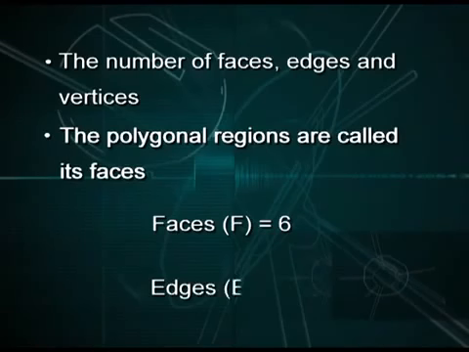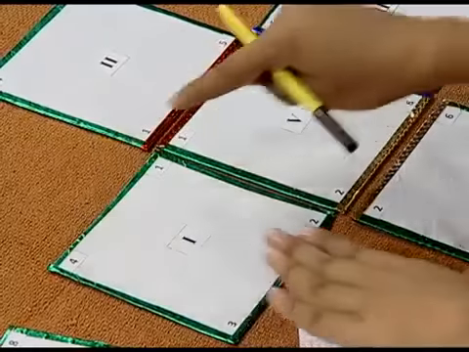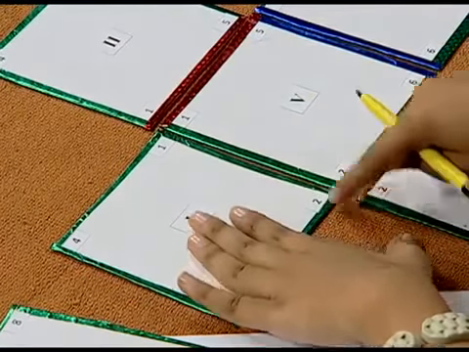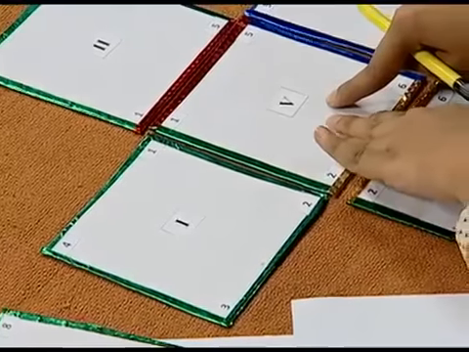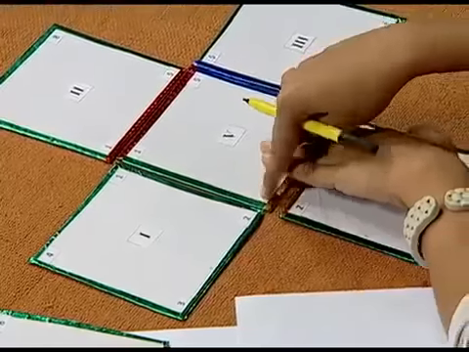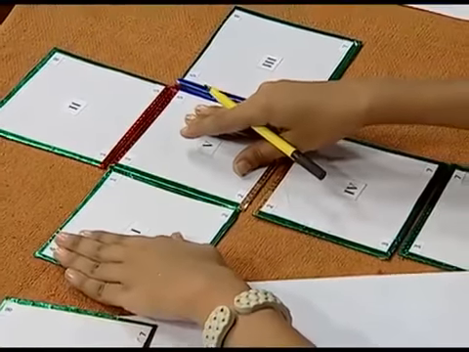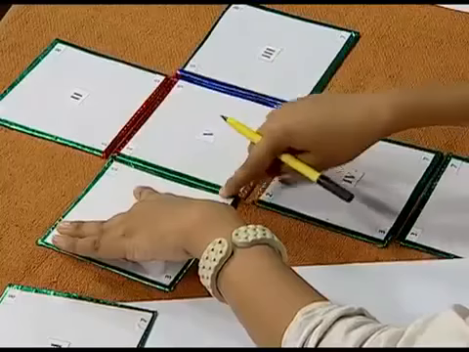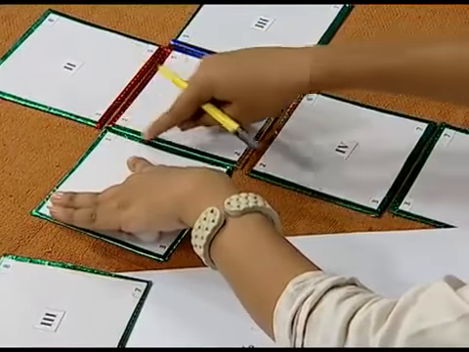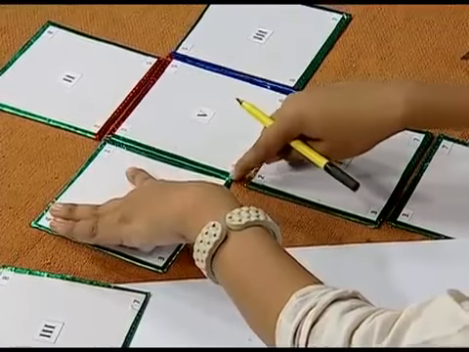Now, let us count edges. Let us denote it with E. As we can see, these polygonal vertices 1, 2, 3, 4 and this vertex 1 and 2 form a line segment. In this 5th polygonal face, again 1 and 2 form a line segment. And when they intersect, or meet, a line segment which is an edge of the cube is formed. So, the first edge is 1, 2.